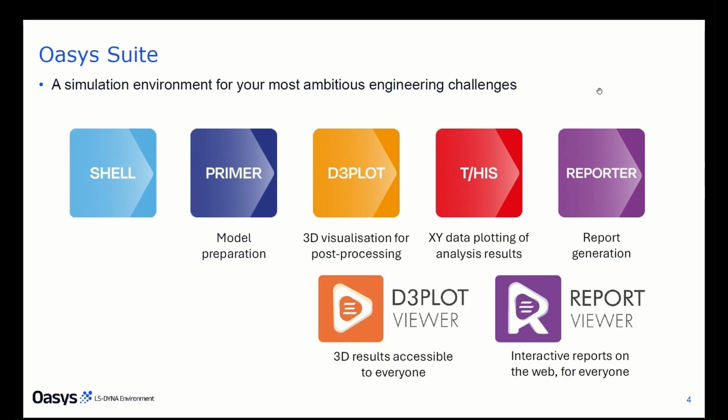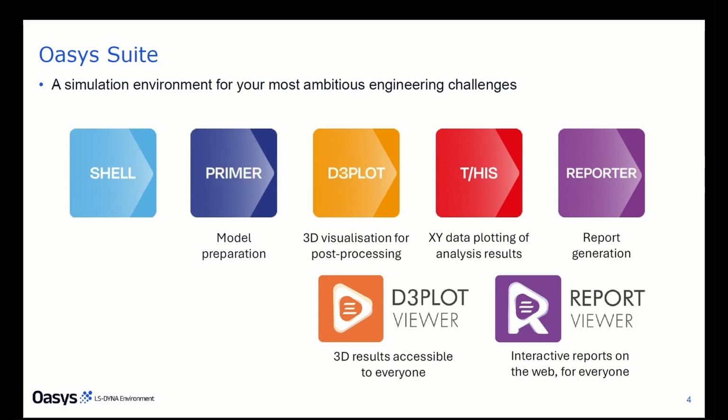So this is basically the whole of the Oasys suite, and this is an overview of where everything sits. You have Oasys Shell, and that basically encompasses all of these software. You can use it to open Primer, D3PLOT, T-His, submit your LS-DYNA runs, or batch run reporter templates as well. And then we have Oasys Primer. You typically use Primer for model preparation before submitting your Ansys LS-DYNA runs.